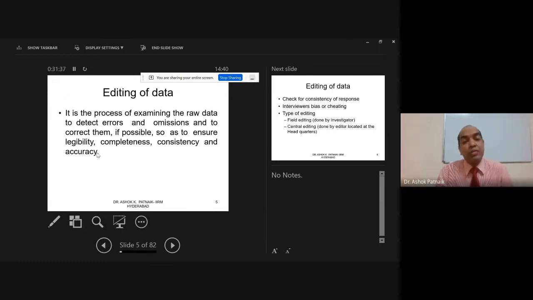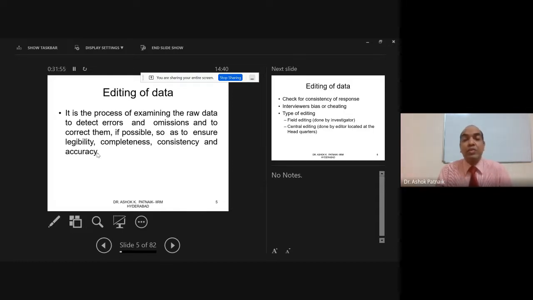So you have to check the eligibility of the respondent, and the completeness, whether they have filled all the questions or not. If some questions are not filled, that is going to impact your entire analysis. You cannot take a half-filled questionnaire.